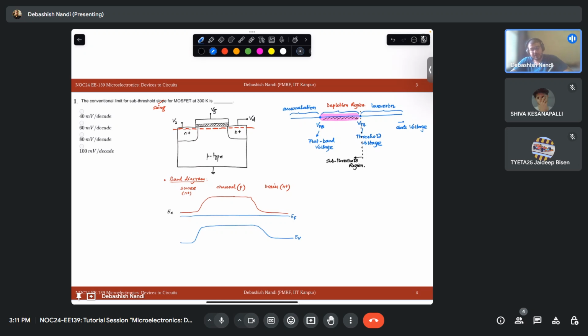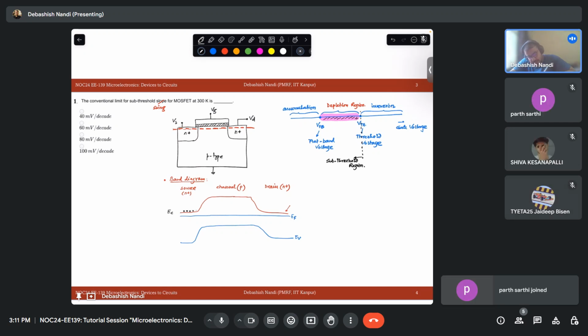But we are concerned only with this line because electrons are what will be carrying the current. Let's say that electrons are residing at this place, and you want the electron to travel from this place to this place. What are the possibilities? It has to go up this hill. So what it is seeing is an energy barrier.